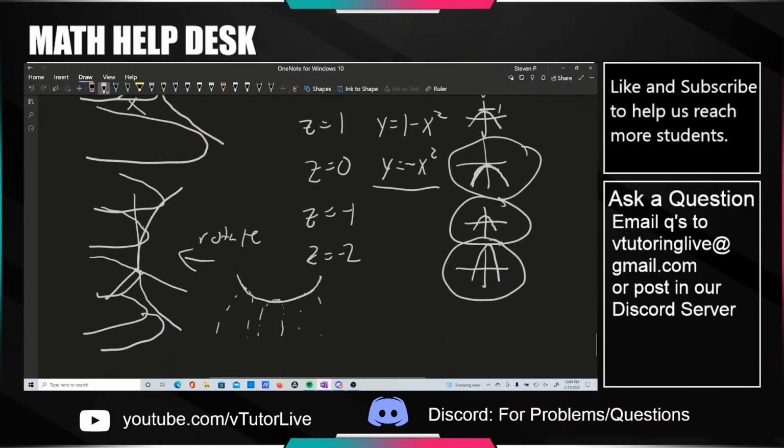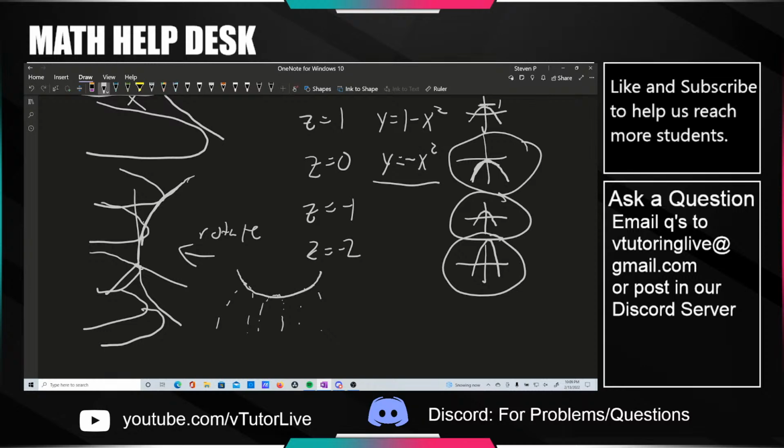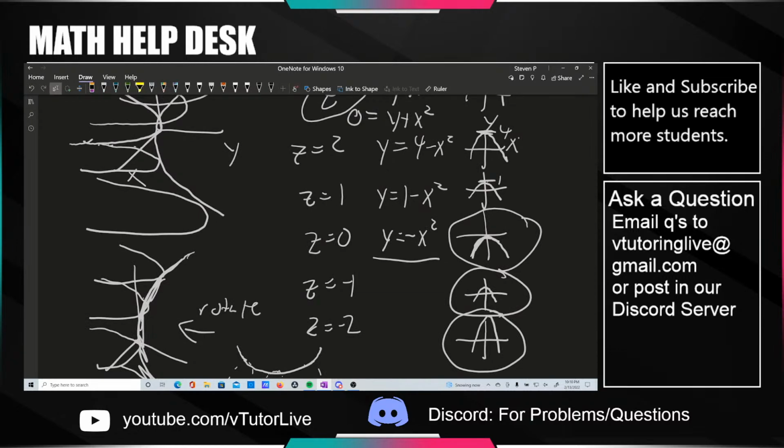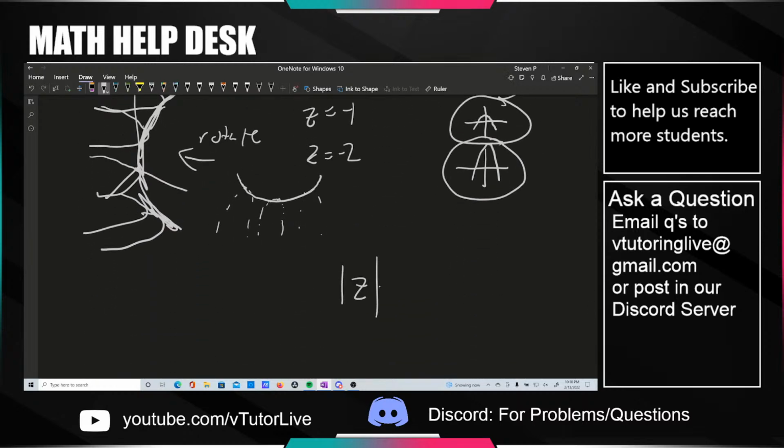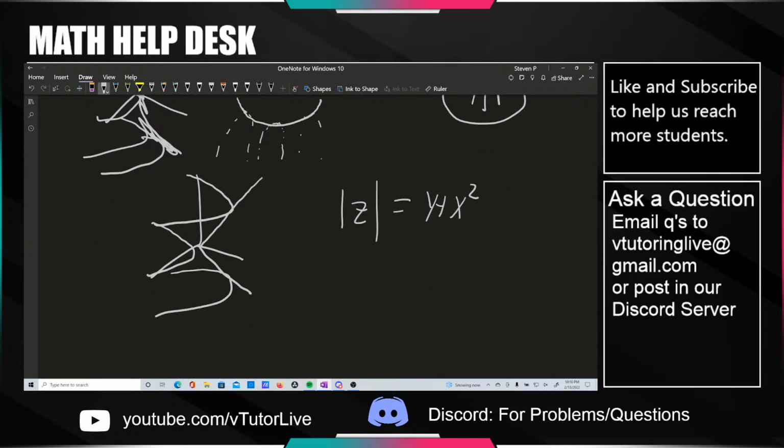It's no coincidence that this part right here itself looks like a parabola. And that comes from the z squared. If instead, for some wacky reason, this equation was the absolute value of z is equal to y plus x squared, then instead of a saddle, you'd get a really uncomfortable looking saddle that looks kind of like that, where the parabolas are hung off a very straight but jagged thing.